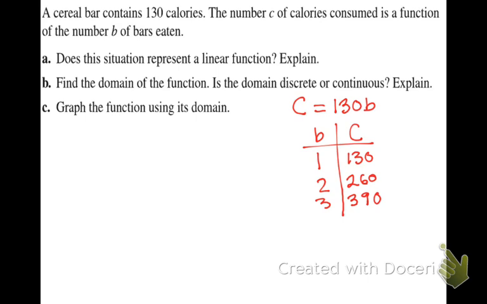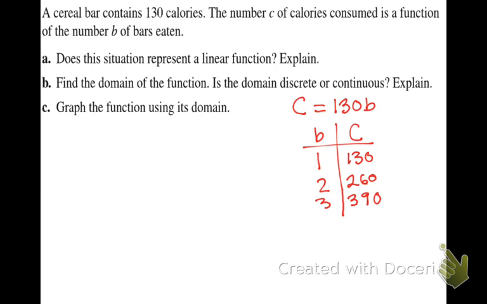So, does the situation represent a linear function? Yes. Would this be discrete or continuous? This would be continuous, because if I eat one bar and a bite, one bar and 2 bites, one bar and a bite and a nibble, that's always adding calories on.